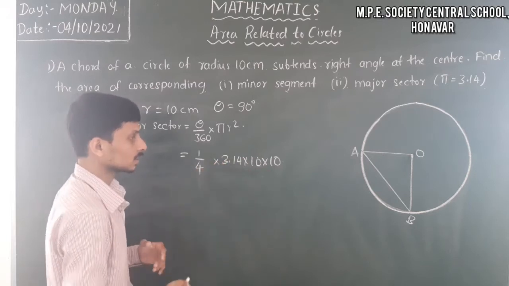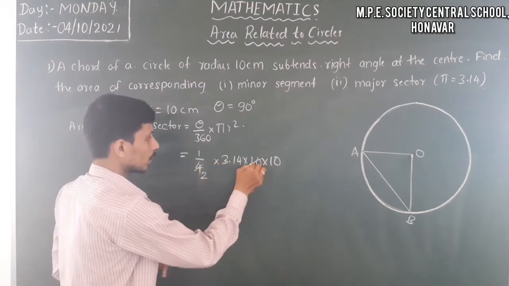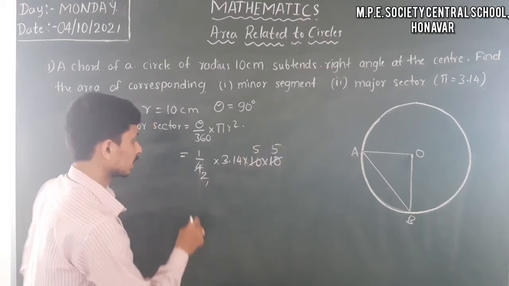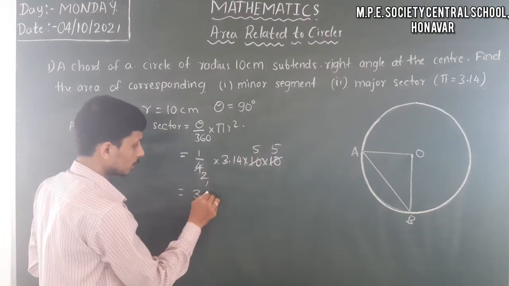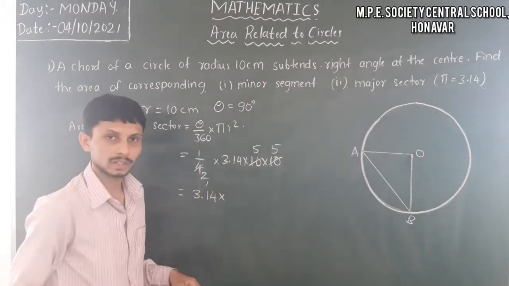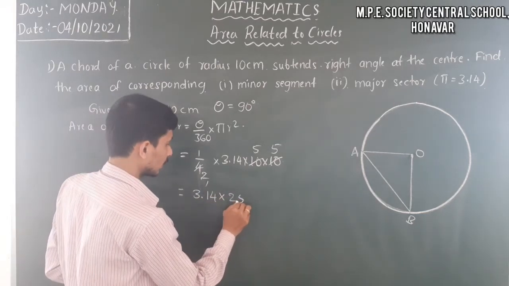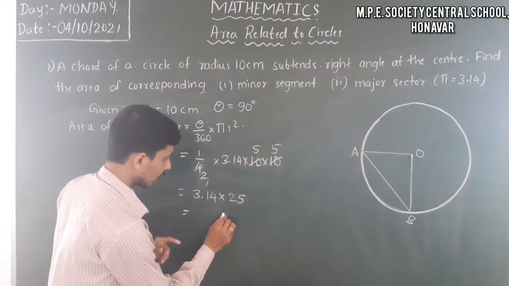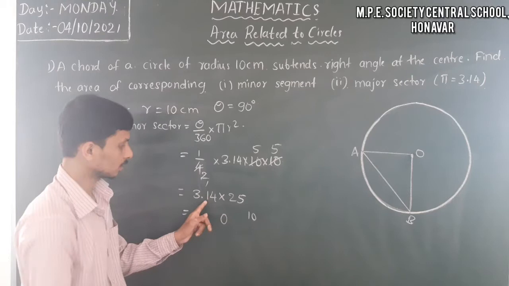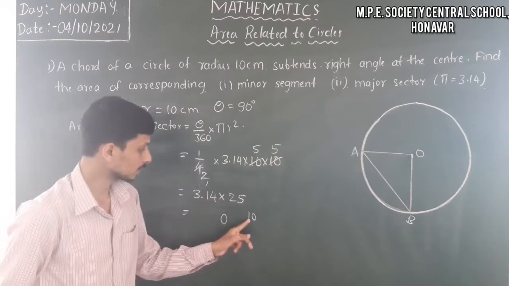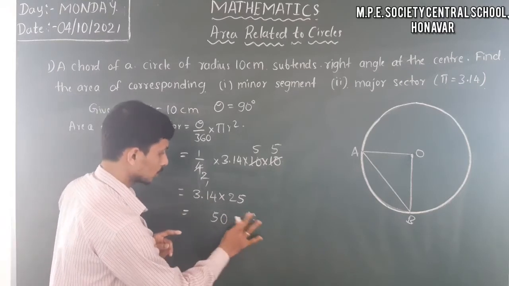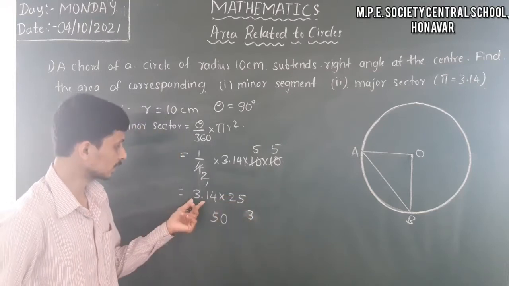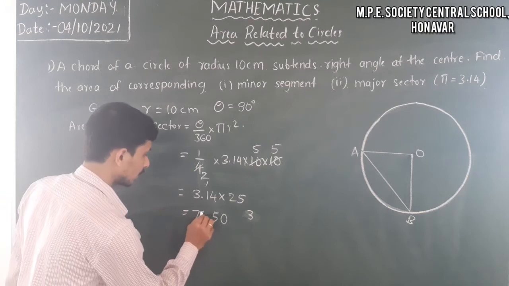And then just simplify it: 2 and 5, that is equal to 3.14 into 5 into 5, it is nothing but 25. So let us simplify. 25 into 4 is 100, 10 remains; 25 into 1 is 25 plus 10 is 35; 3 remains, 25 into 3 is 75 plus 3 is 78.